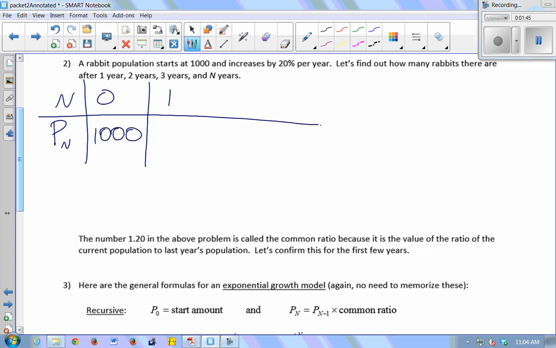Multiply by 0.2. So if I do 1,000 times 0.2, what do I get? 200. That's good. So do I only have 200 rabbits next year? How many rabbits do I have? 1,200. You have to add that 20% of 1,000 to your 1,000. So I have 1,000 plus 200 more, which is 1,200 rabbits.